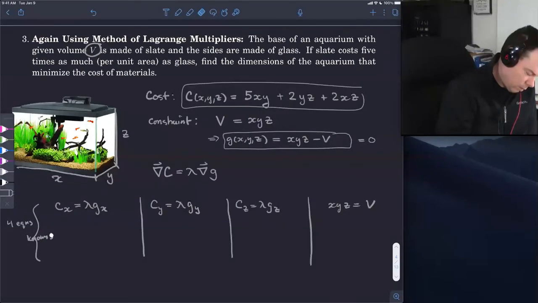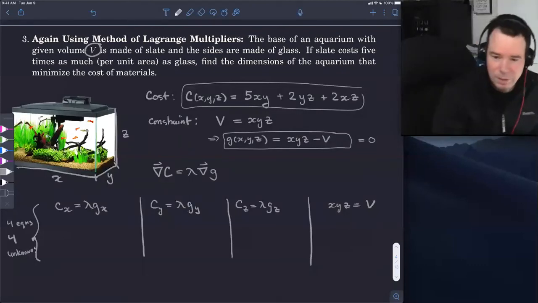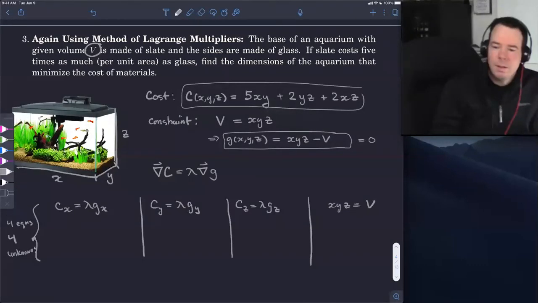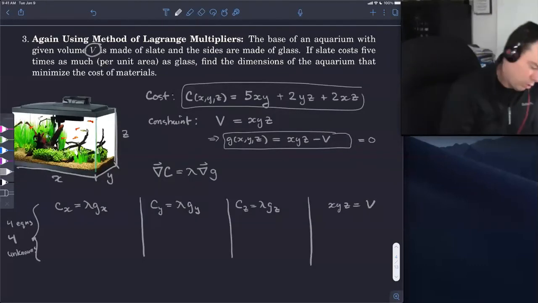4 equations, 4 unknowns. And they're not linear equations either. But these are the 4 equations we're going to try to simultaneously solve. So what is c_x? c_x is the x partial of the cost function.